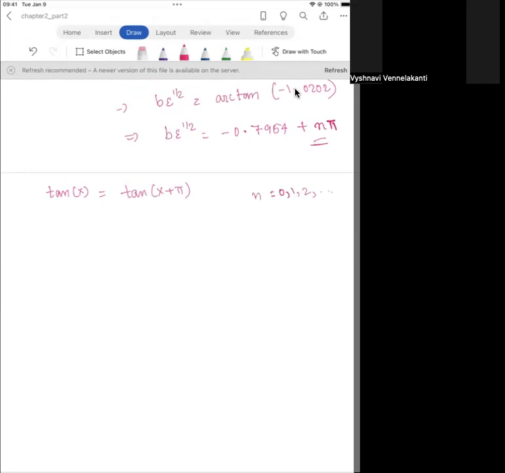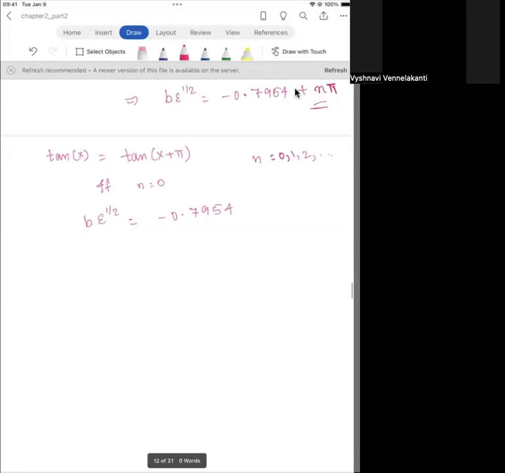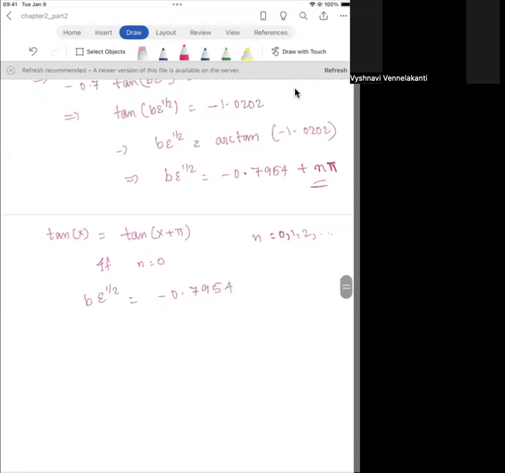Now let's think about it. If n is equal to 0, then it's equal to minus 0.7954, because 0 times pi is just 0. We know from the previous problem that b has to be greater than 0.